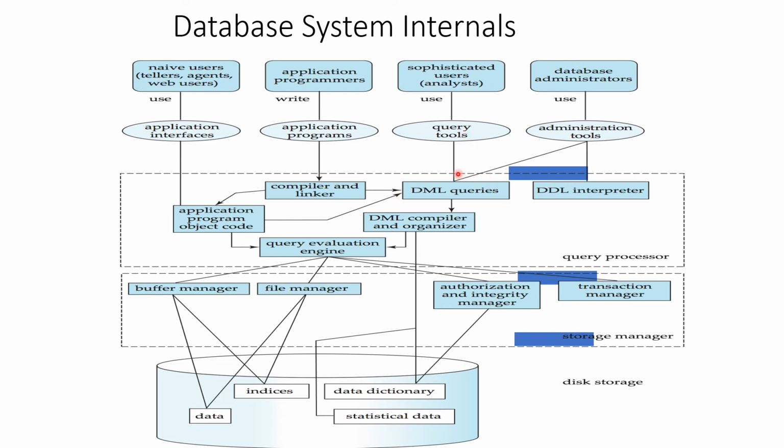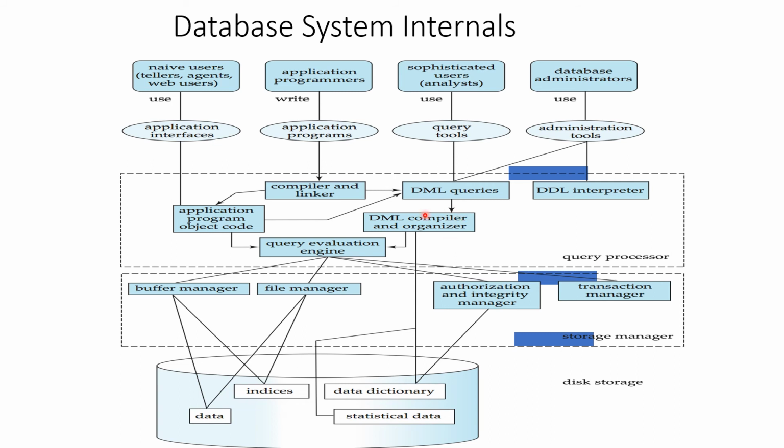Then the query tools go to the administration tools and also to the DDL interpreter. It comes here to DML queries, then the DDL interpreter. DML is data manipulation language, and DDL is data definition language. So DML queries come to the DML compiler and organizer.